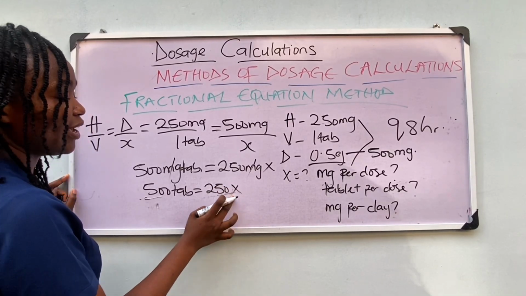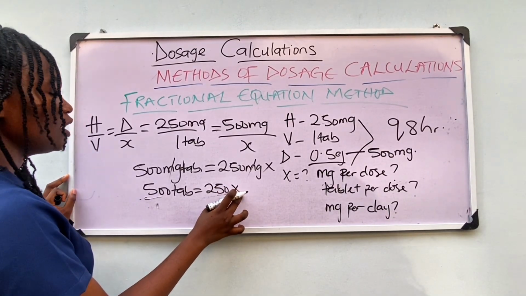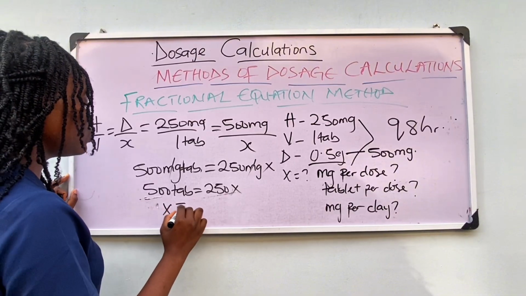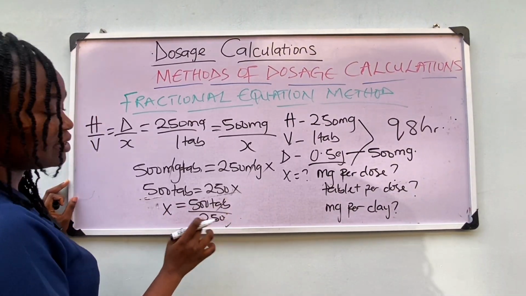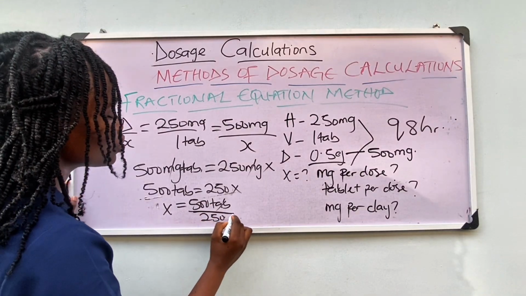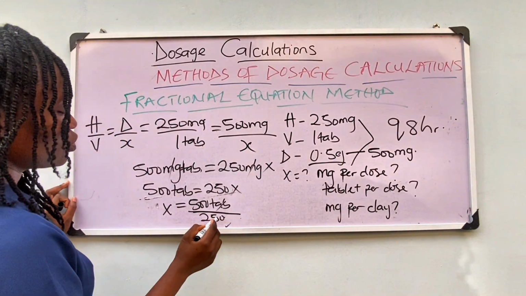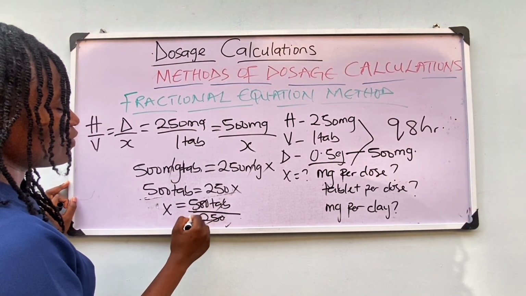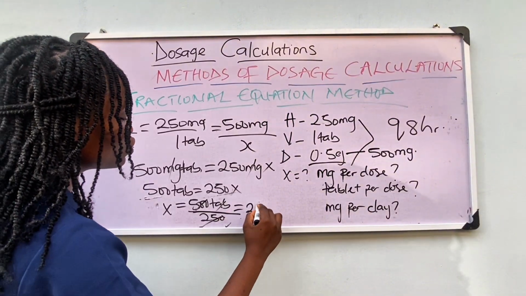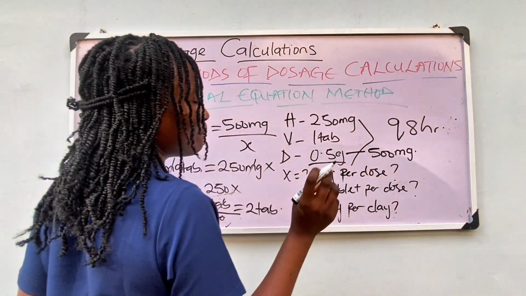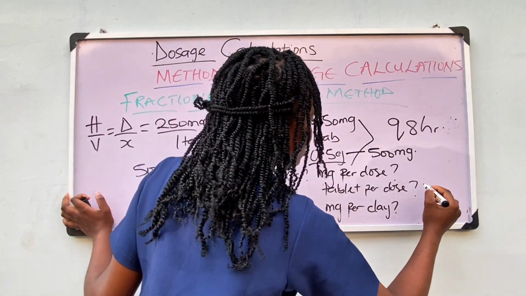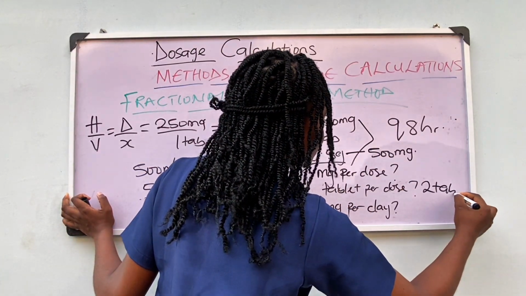We want to look for x, so x becomes the subject of the formula. It means that x will be equal to 500 tab all over 250. So 500 divided by 250 is going to give you 2 tablets. So the tablets we are going to administer per dose is 2 tablets.